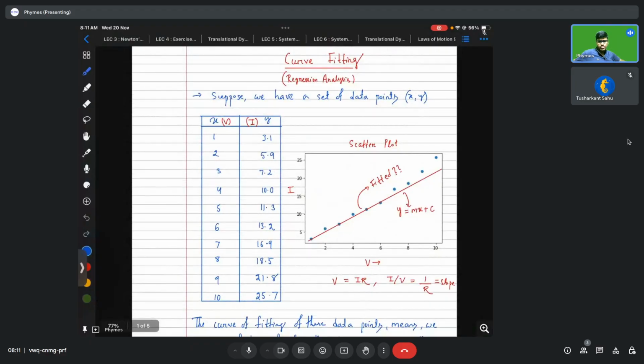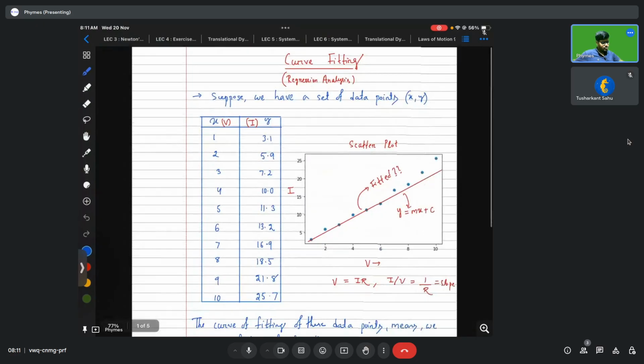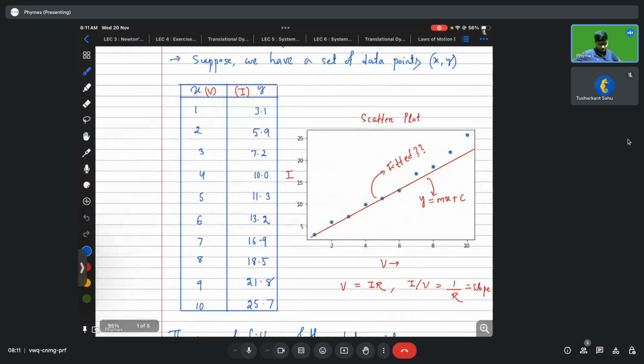Similar to interpolation, here we also have a set of data points. In interpolation, if you have a set of data points, then you want to find a function that passes through all the data points, and if you can obtain that function, then you can also obtain the value of the y variable at a random x variable, right?